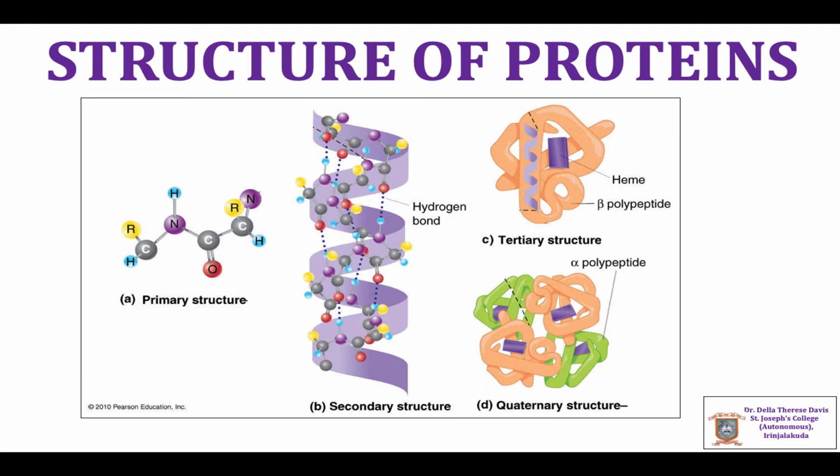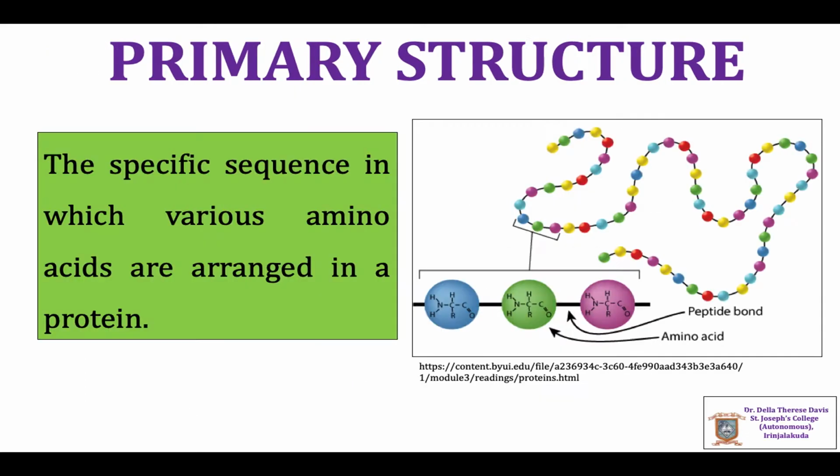Next comes structure of proteins. The structure of proteins are considered in four different levels. They are primary structure, secondary structure, tertiary structure, and quaternary structure. The specific sequence in which various amino acids are arranged in a protein is called the primary structure of that protein.